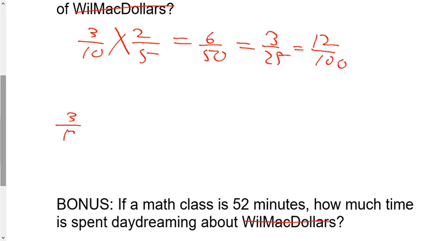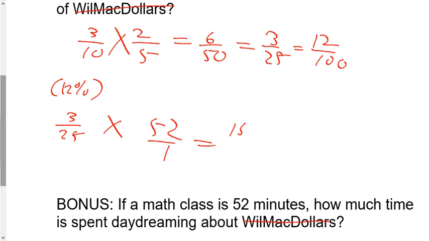3/25, or we said 12%. 12% of the 52 minutes in class would be 12%, or 3/25 of 52. Work that out, I get 156 out of 25, which is 6 and 6/25.